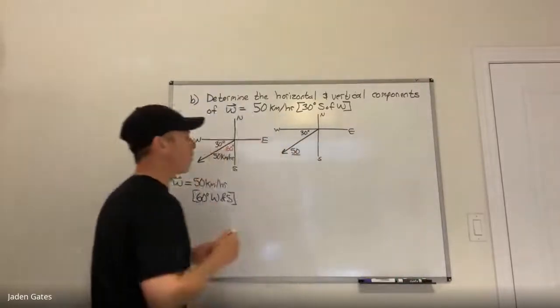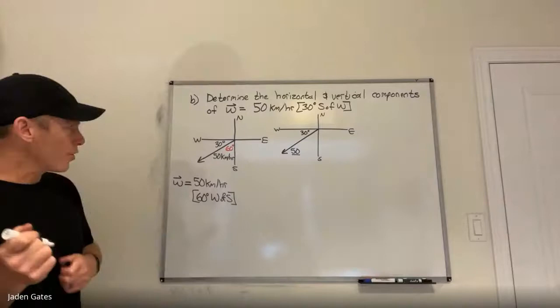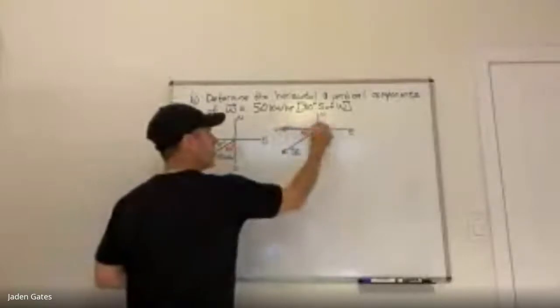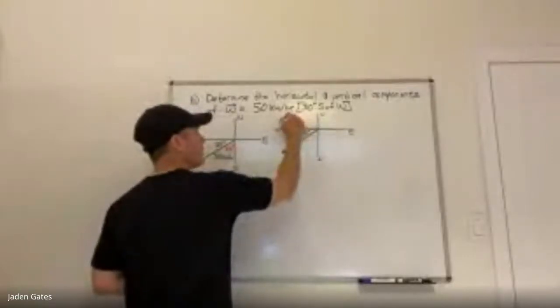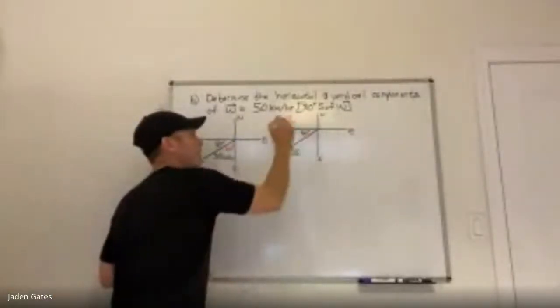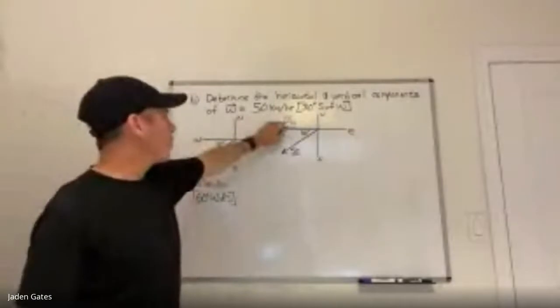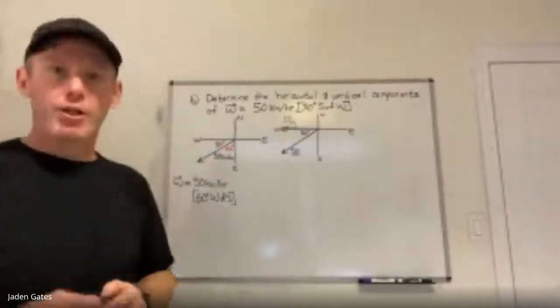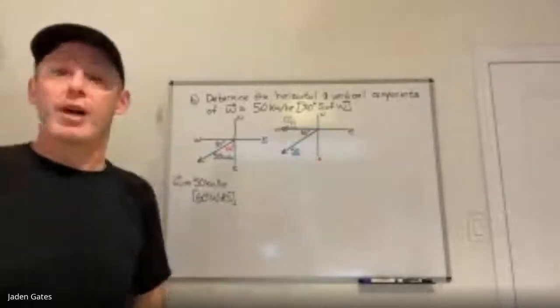So the horizontal component is again how much left or right. In this case, that purple line right there is what I would call W with a little H, because we're doing horizontal here. That is what's called the horizontal component of vector W. I just picked W because it's a wind vector.